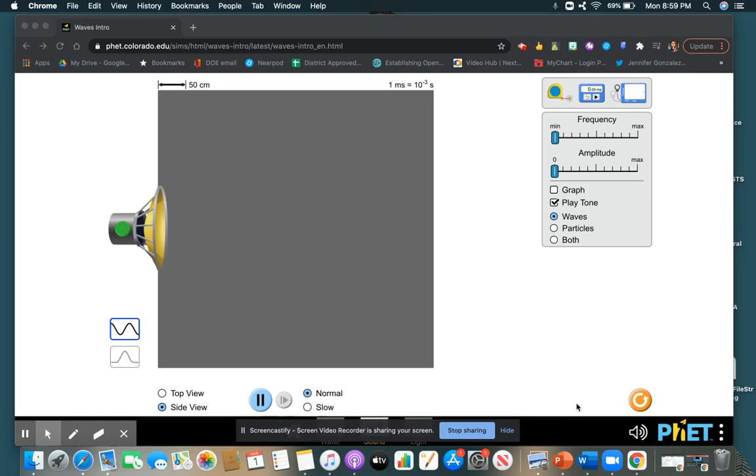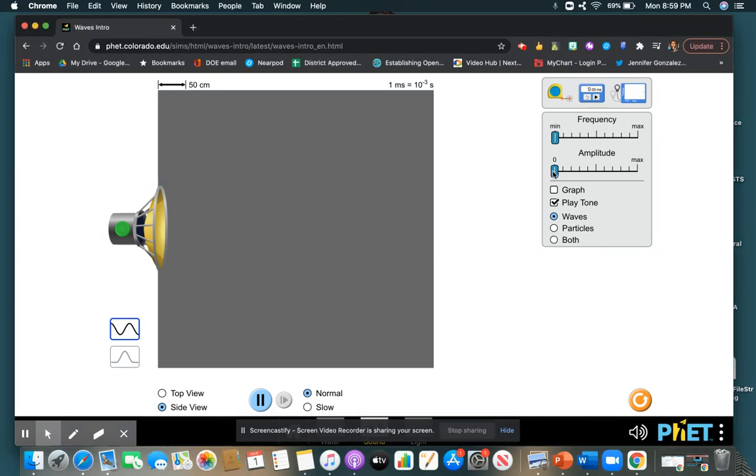So scientists, here we have a model, and our model is going to actually show us what sound waves look like. So you can see there's a speaker on the left side, and there's a green button on that speaker. So that's where the sound is originating from. And I want you to notice what happens when I turn up the volume.